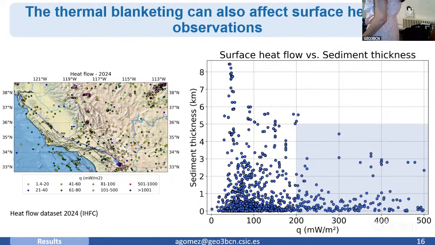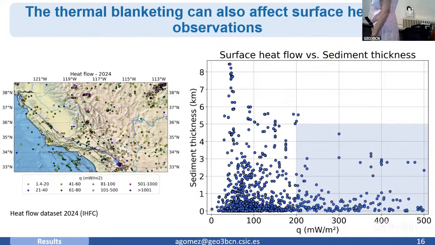On the one hand, where the sediment thickness is important, we tend to have low surface heat flow observations. However, here more to the right, we have higher surface heat flow observations, and these locations have associated a decrease in the sediment thickness.